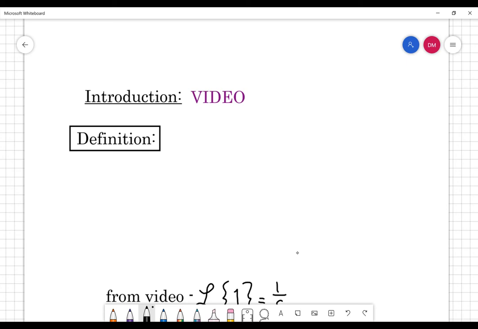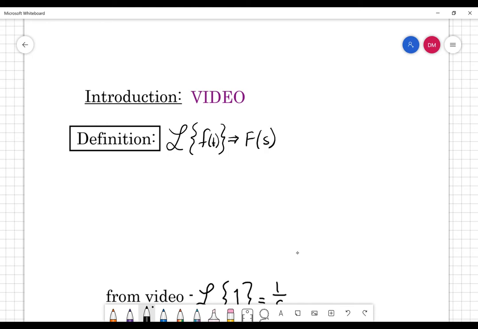I'm going to break down some of the stuff from that video and then allow you to just go and watch it for the rest. So the definition of a Laplace transform, we use a capital cursive L here to represent a Laplace transform, and we use curly braces, and we say the Laplace of some function f of t becomes a capital F function of s.